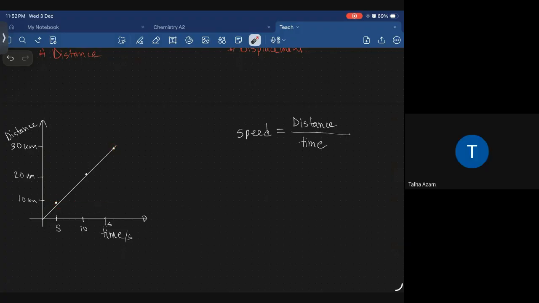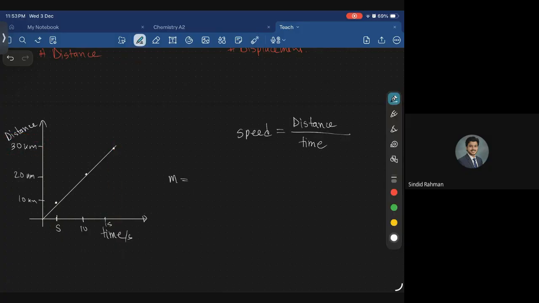So basically, if I were to draw, this is my rise, and this is my run, right? So how much did I rise? 30 kilometer. Let me find the gradient.